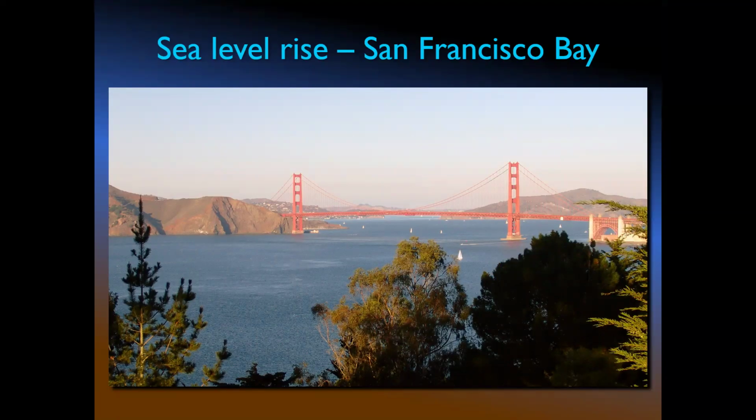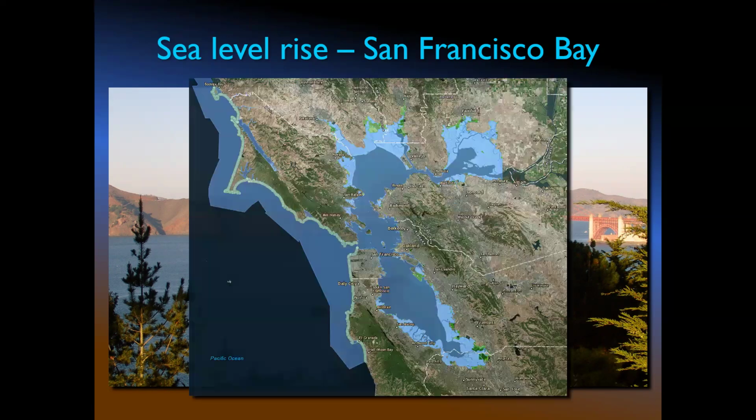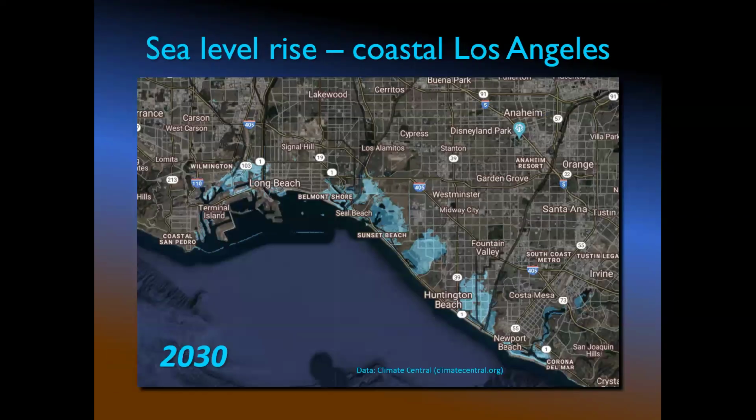That's me picking on Florida, but I don't want you to get out of this thinking that it's just Florida, because if you go up to places in California like San Francisco, there are some low-lying areas as well. So if sea level rises even a little bit, there's going to be any number of coastal areas in the San Francisco Bay Area that are going to be impacted by those increases in sea level. And if San Francisco is too far away for you to worry about, we can also look at it locally as well, where if sea levels rise, as they're projected to do, then you might see inundations.